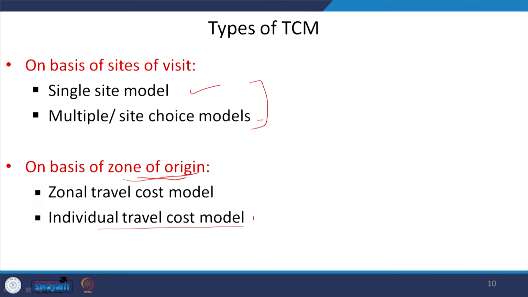If so, it is known as the individual travel cost model. Likewise, in the zonal travel cost model, we are not talking about the individual traveler's characteristics, rather we are talking about the zonal characteristics of the travelers, that is, from which zone, from which locality the travelers are coming to a particular recreational site under discussion.